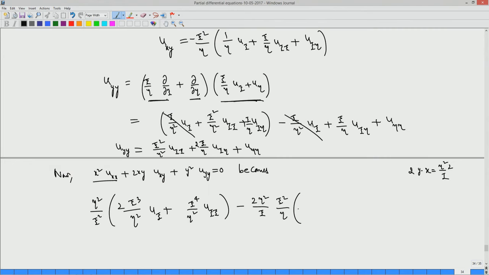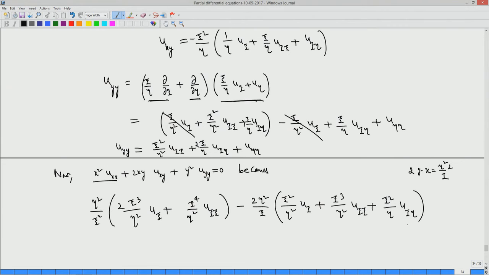And of course, you can put together, you can combine, take it inside. So, you have xi square by eta square u xi plus xi cube by eta square u xi xi plus xi square by eta u xi eta.